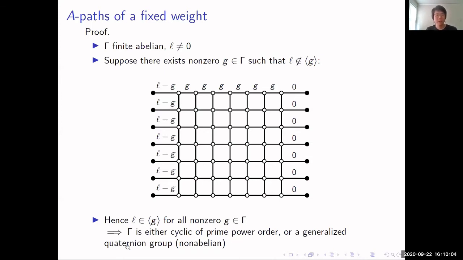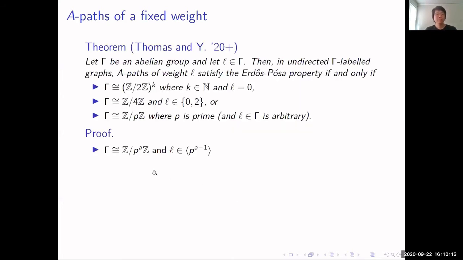Okay, but the generalized quaternion group is not abelian, so for us, this doesn't matter. We can assume that the group is cyclic of prime power order. So we may assume that the group is cyclic and L is a non-zero element in it.